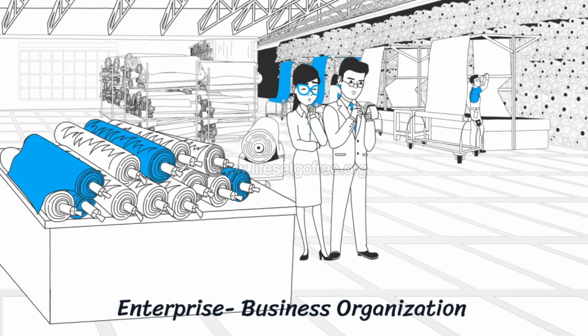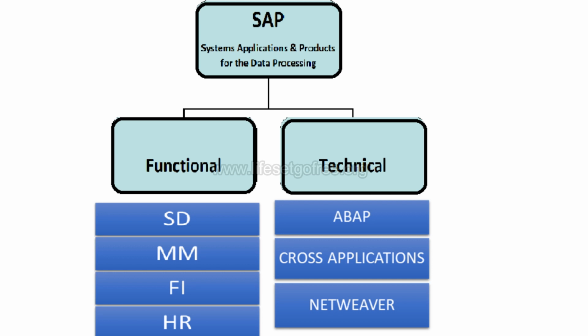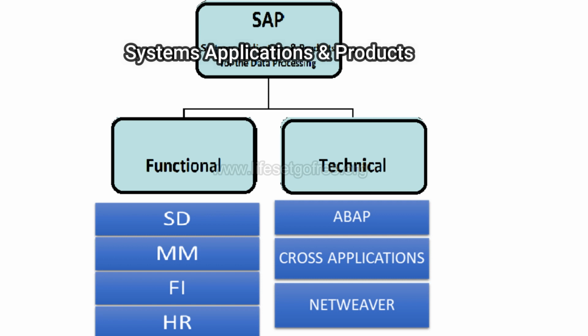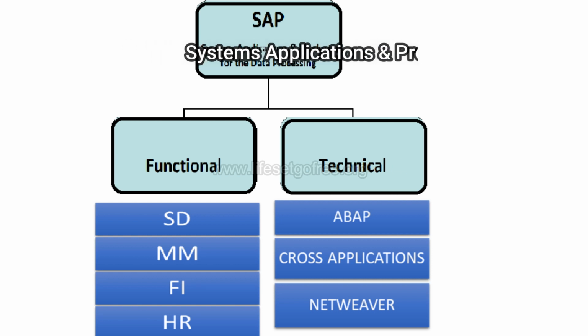Now we will start the real technical thing of SAP. Coming to the definition of SAP, it is Systems, Applications and Products. It is like an abbreviation of a company. You should not call it "sap"; it is S-A-P.